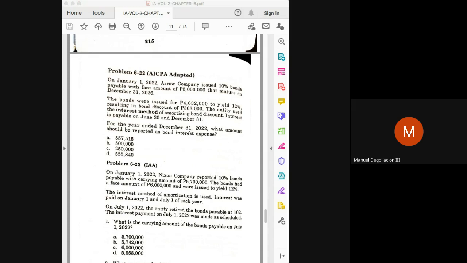Every 6 months, the interest must be paid in the amount of 250,000.